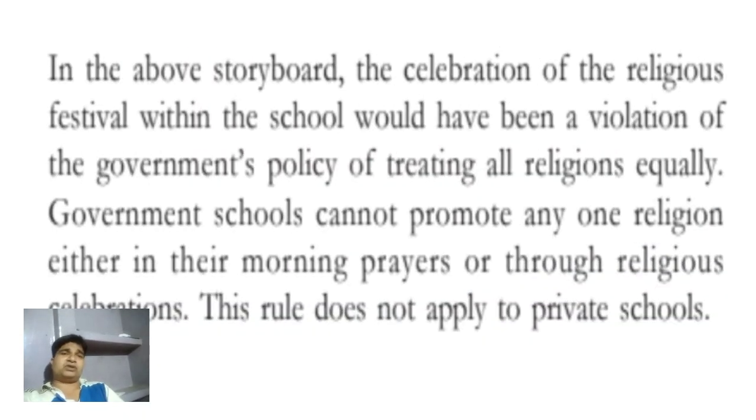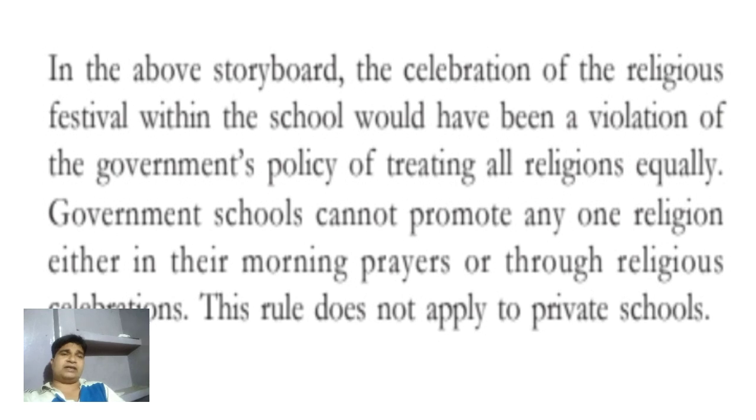In the above storyboard, the celebration of the religious festival within the school would have been a violation. Violation means breaking of rules of government's policy of treating all religions equally.